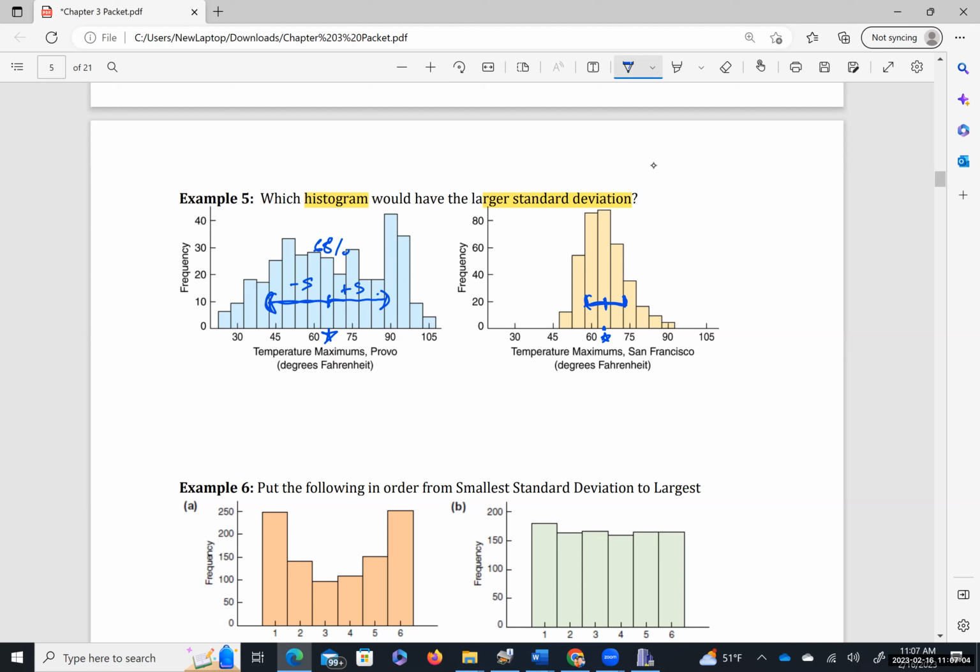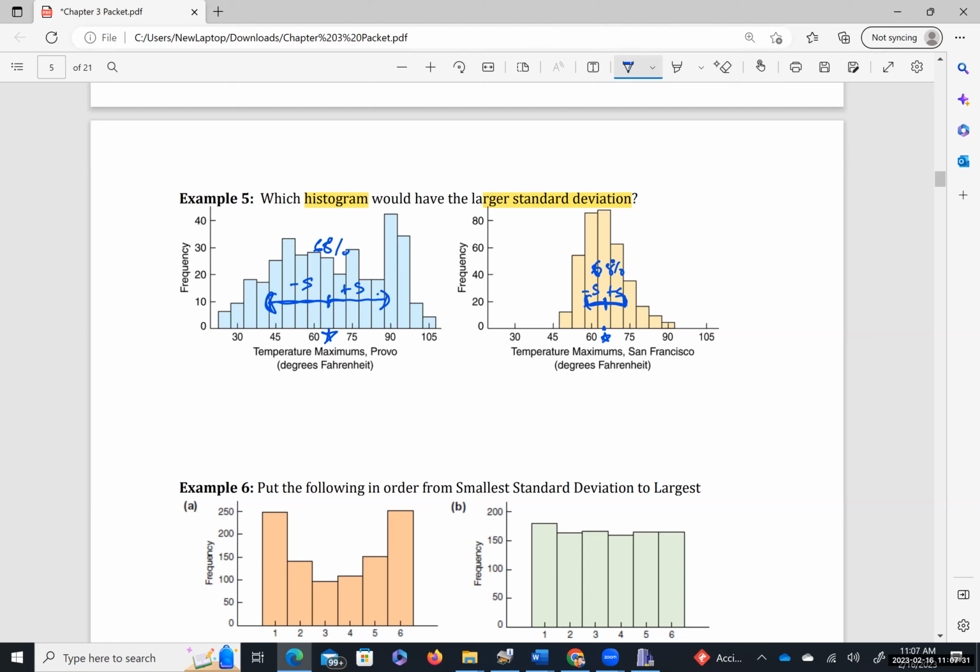So comparing the standard deviations between the two, you can clearly see the first one is more spread out.